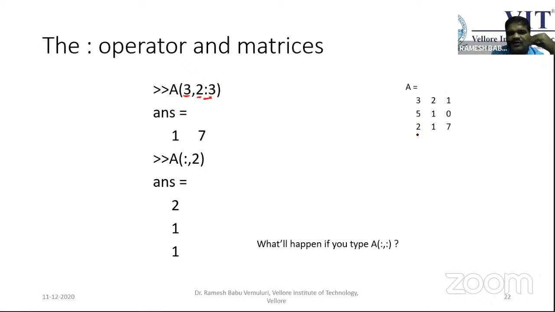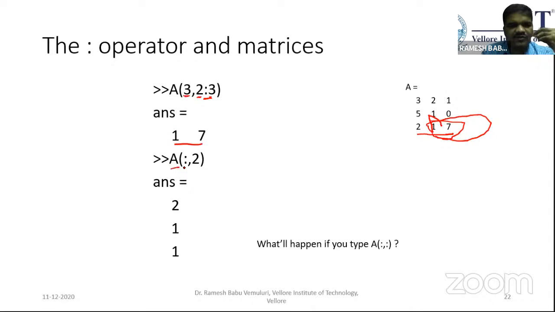My row is the third row, and in this, column 2 is this one, and column 3. That's why I can take only this one: 1, 7. So we can get only 1, 7.